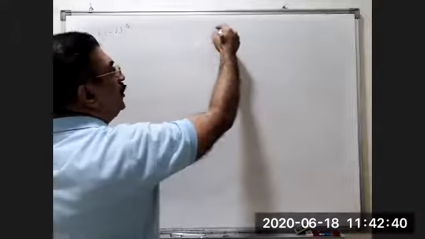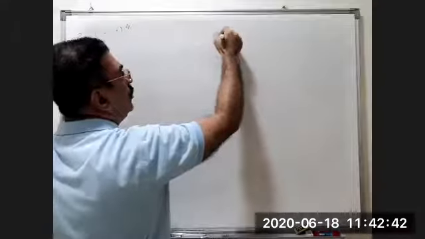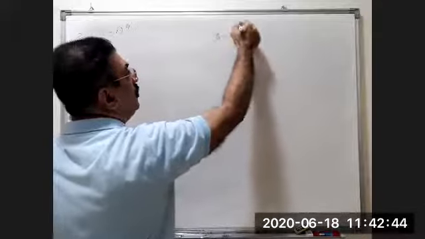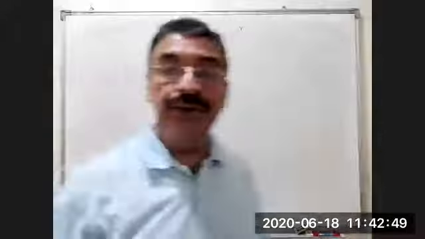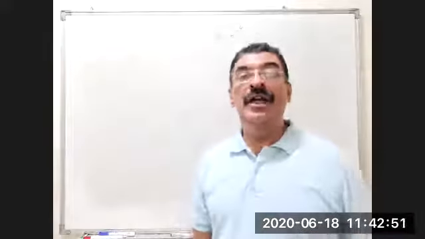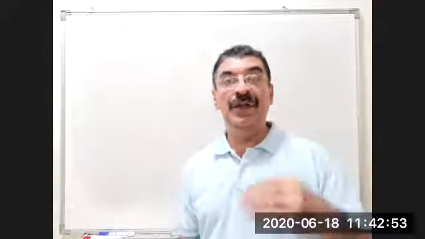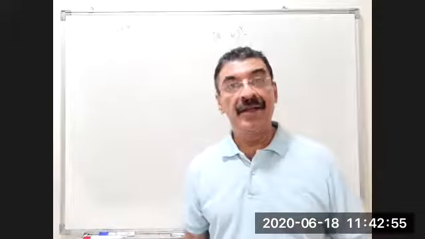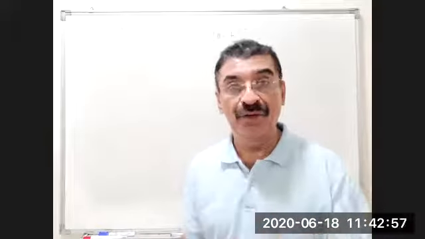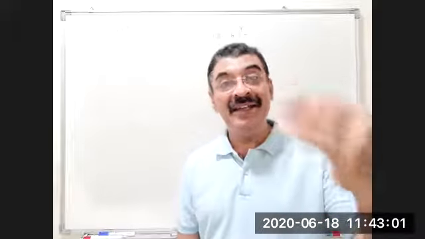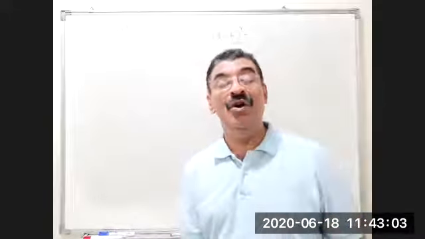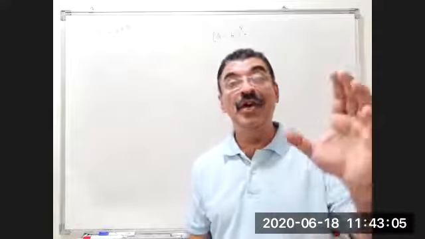Remember this; you will learn later also (a minus b) the whole raised to 4. Till last year you learned (a plus b) the whole square, (a plus b) the whole cube. Now you will learn (a plus b) raised to 4, 5, 6, up to n. That is called the binomial expansion.